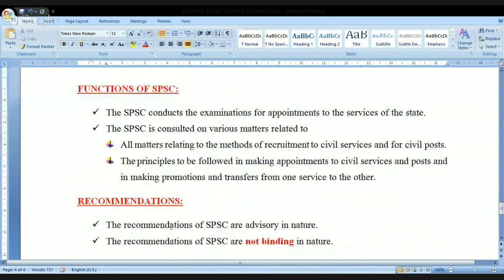But what are the functions? Look at the functions here. The SPSC will conduct the examinations for appointments to the services of the state.